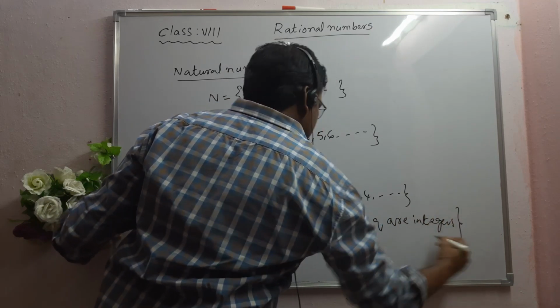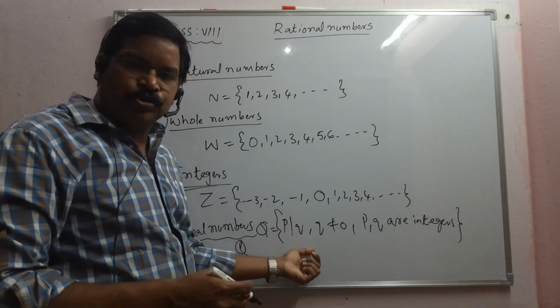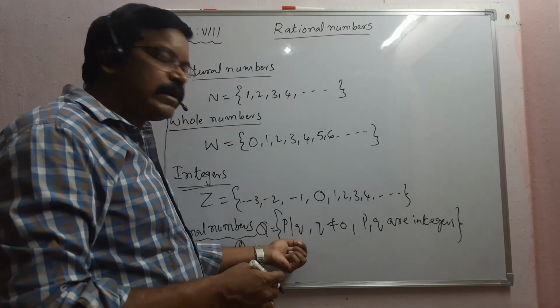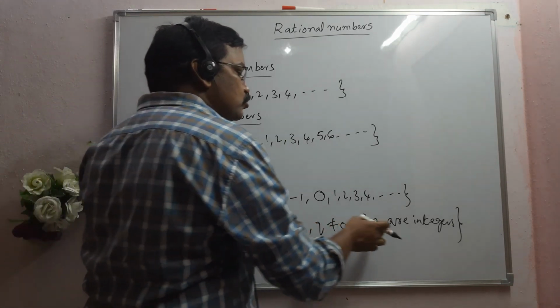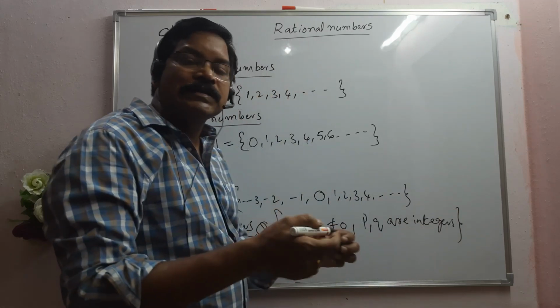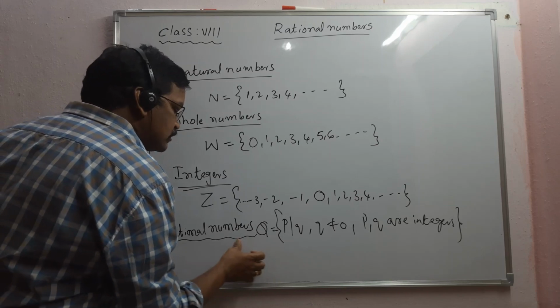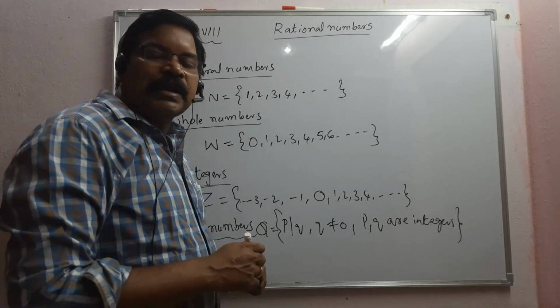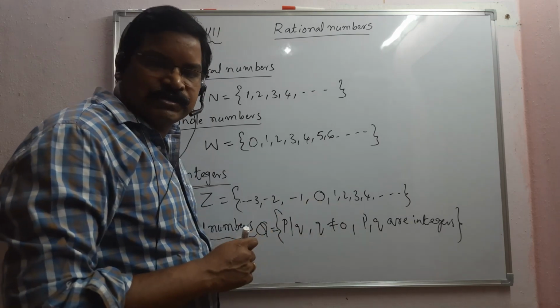Understand, students? The numbers which can be written in the form p by q, where the denominator is not equal to 0 and p and q are both integers, this type of set is called rational numbers, denoted by Q.